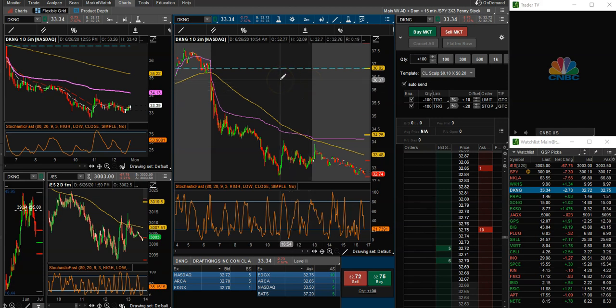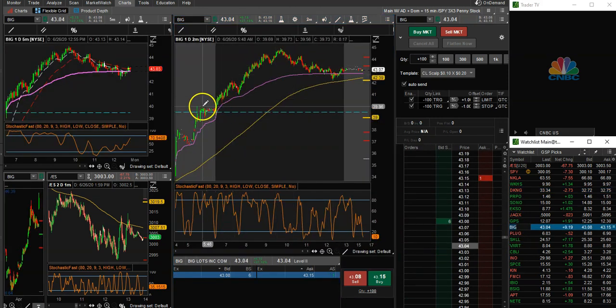The reason I use a 2-minute versus a 1-minute, I personally like it. It helps me a lot more. So it just works. This turquoise line right here is the opening price. So I can tell if a stock is above or below its opening price, where a stock potentially could go from green to red or red to green.